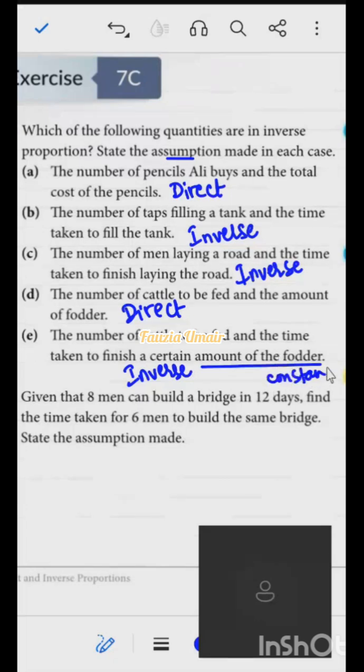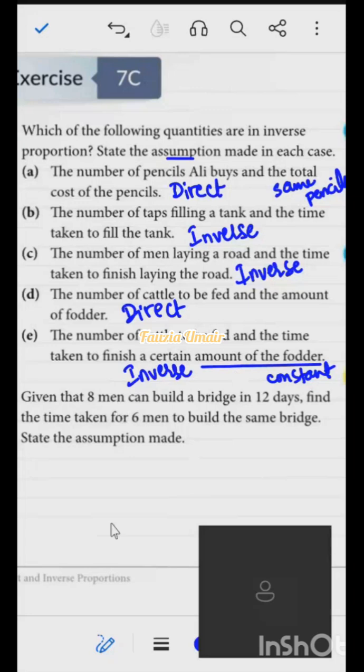Now look here at the number of pencils and the total cost. It is assumed that the same pencils are bought by Ali. It is not that one is expensive and one is costly. The pencils have the same price. So in proportion questions, except for the two quantities which are compared, the rest of all the quantities are considered constant. This is what the assumption is.